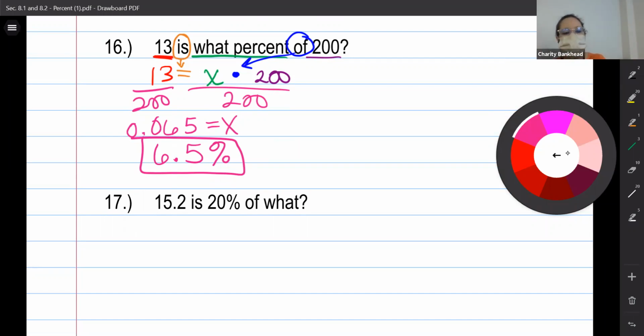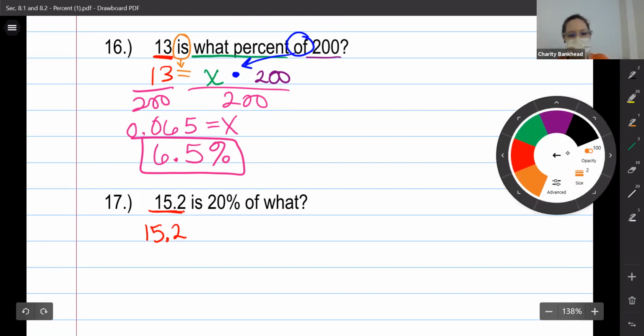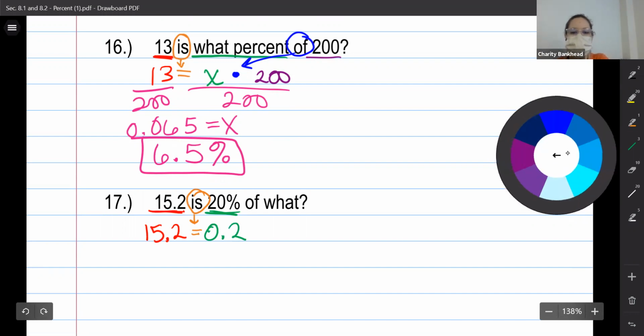All right. Number 17, 15.2 is 20% of what? So 15.2 is, so equals 20%. I'll go ahead and change that to 0.2. Of, so times, what would be x?